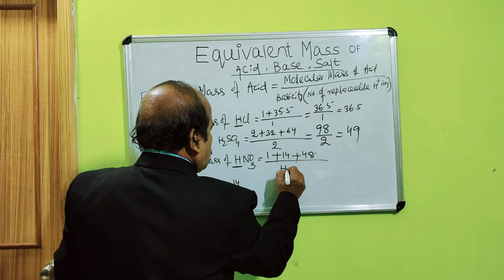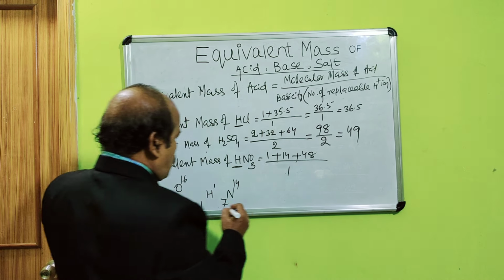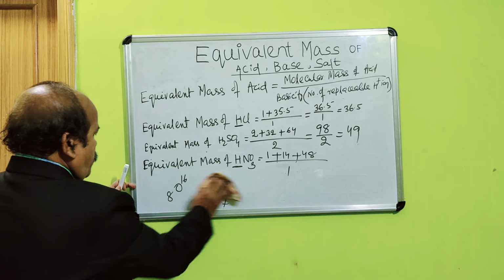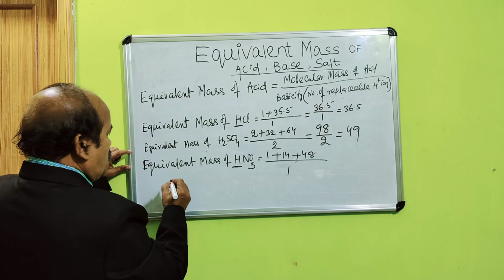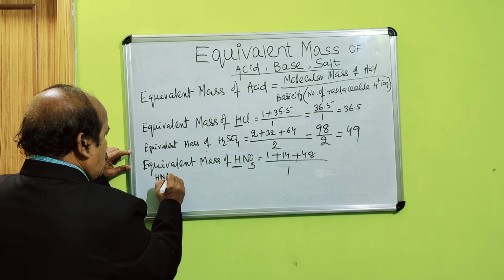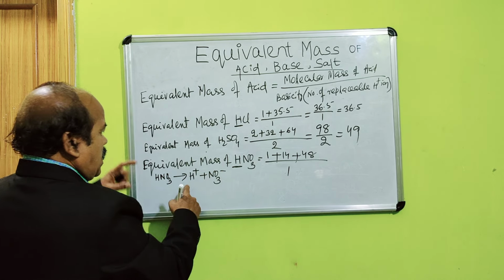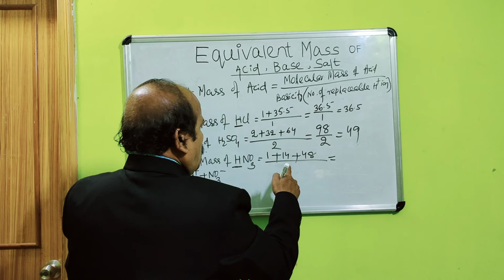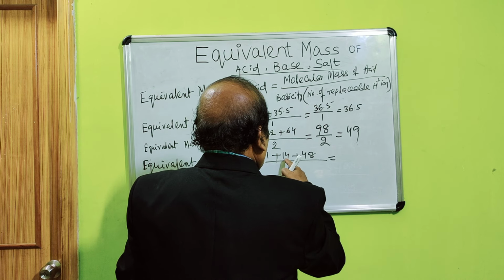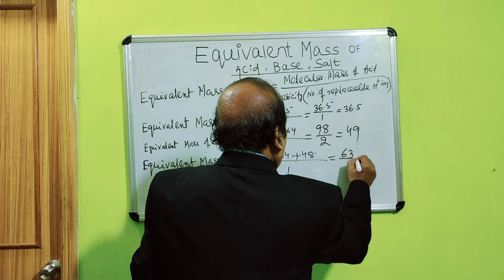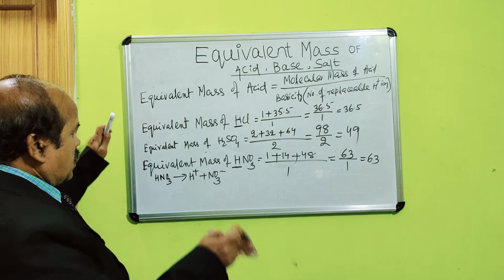H plus, one H is there, its basicity is 1. Or you may calculate from the number of replaceable H plus ion: HNO3 will give rise to H plus and NO3 minus, hence it is 1. So it is coming about 63 by 1, that is 63. Equivalent mass of HNO3.